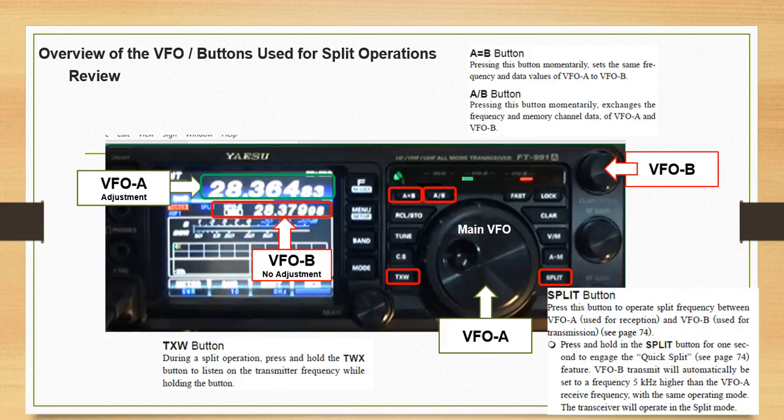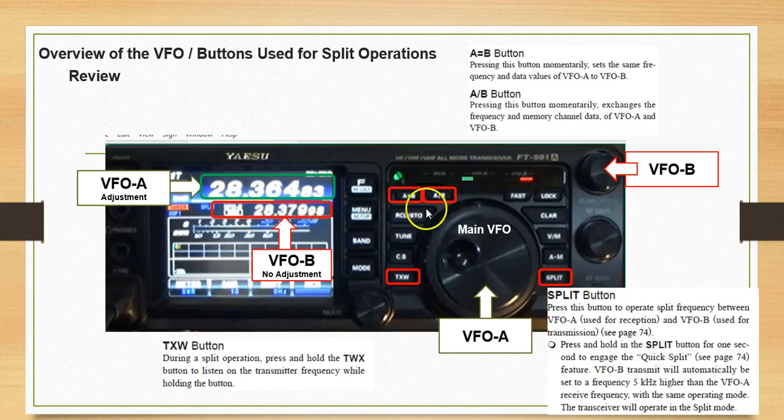Just a quick overview, these are some of the buttons that we will be using on the FT991A, and we will actually be using two different VFOs, VFO Alpha and VFO Bravo. This is the VFO Alpha here. This is the VFO Bravo here.